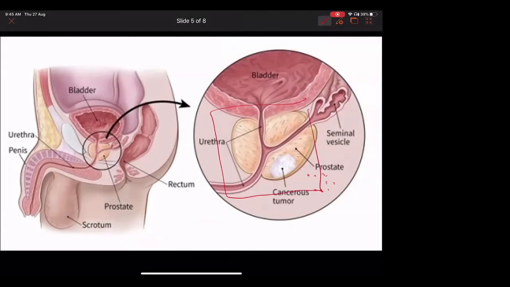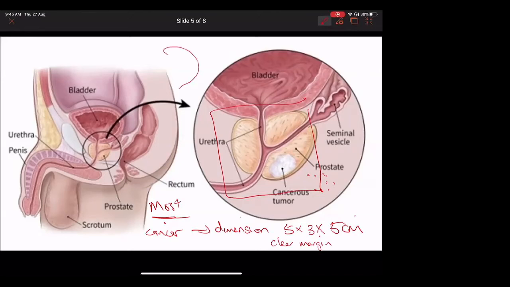Okay, so that's why most cancers, I use the word most, can give you a dimension. 5 by 3 by 5 cm prostate. Clear margins. If you cut the kidney out, they will give you the kidney measurement, 10 by 5 by 7 cm kidney.